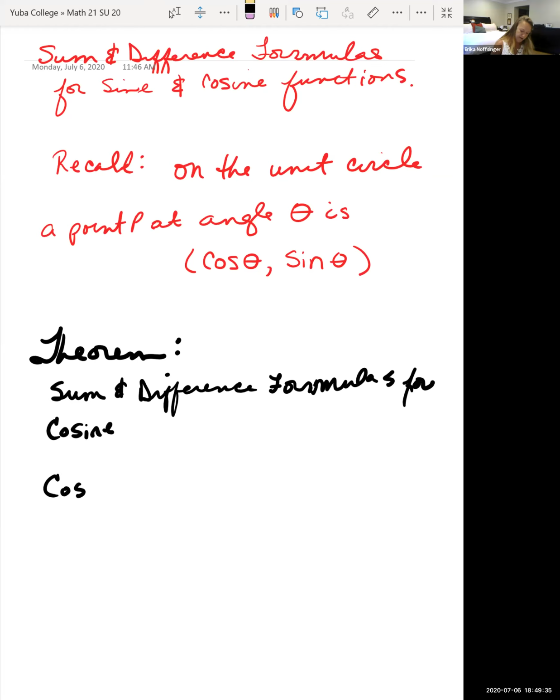If you have a difference of two angles, and we're going to call them the Greek letters alpha and beta, so alpha minus beta, cosine of alpha minus beta is the same thing as cosine alpha, cosine beta, plus sine alpha, sine beta.